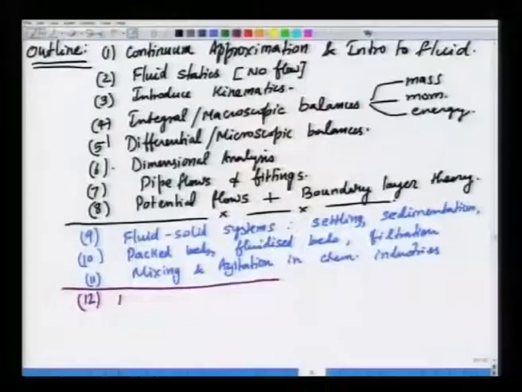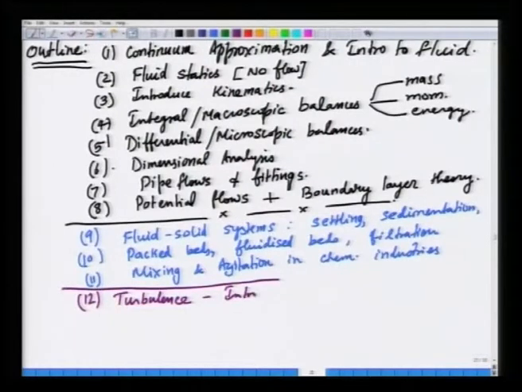In such cases, the flow will become turbulent. So, we will give a brief introduction to turbulence and derive some basic equations of turbulent flows. That will be the next part, and finally, we will discuss non-Newtonian flows.